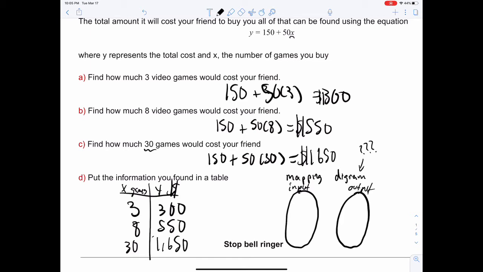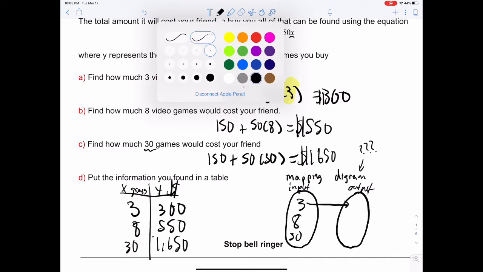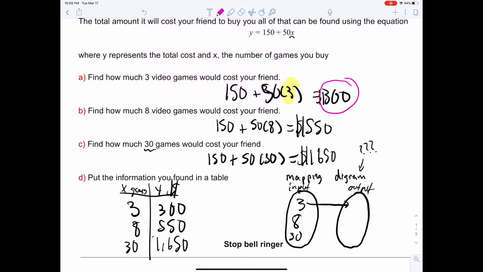So we input 3 games, 8 games, and 30. And if we put in 3 into our equation, we got out 300. So that 300 goes right there.